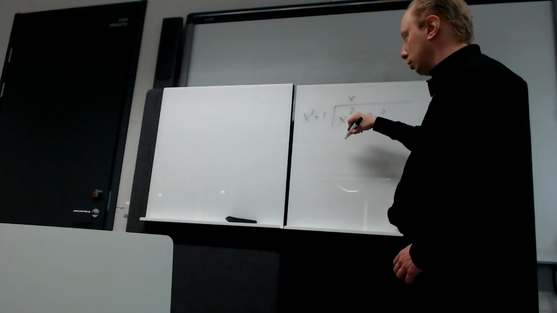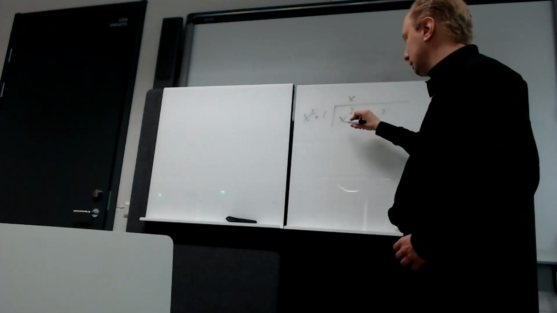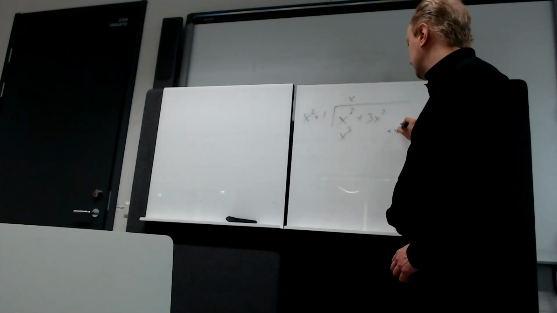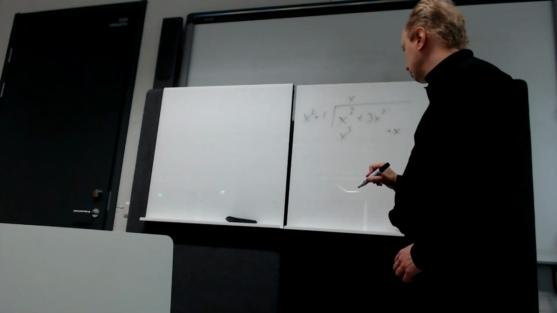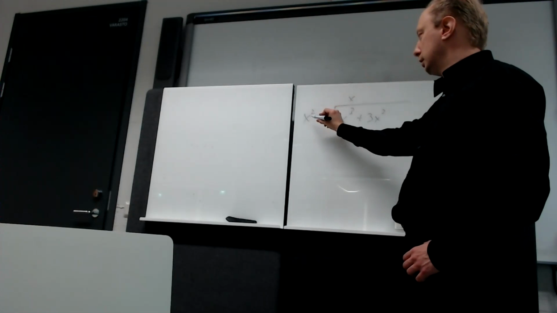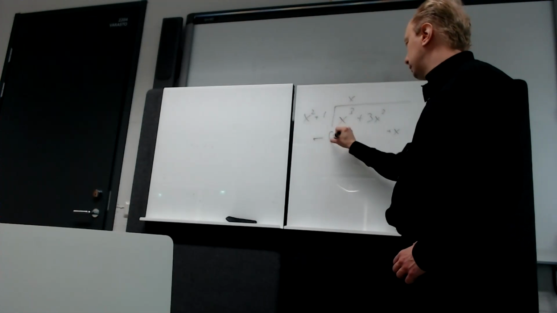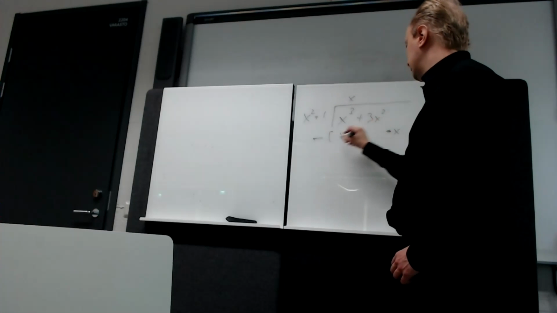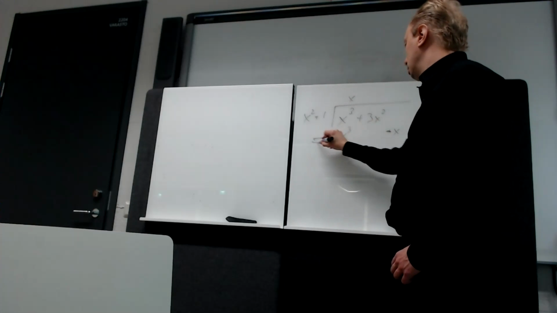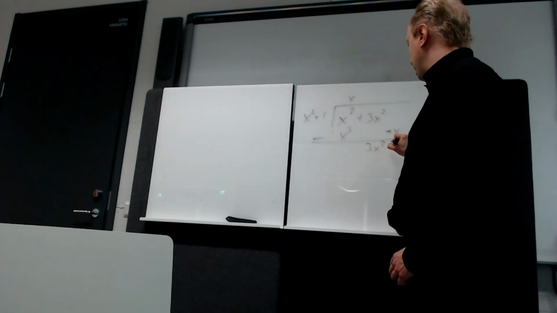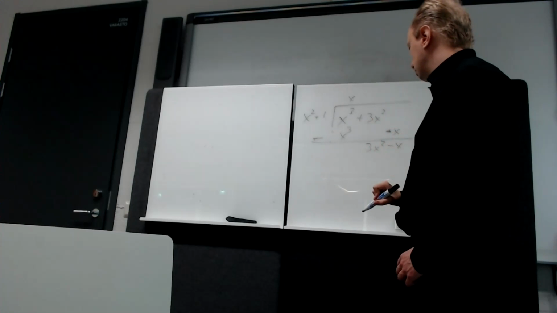It's been awfully long since I've done this by hand. And we get x cubed plus x, because x times x squared plus 1 is that, minus of that. So we get minus x here, and 3x squared minus x.